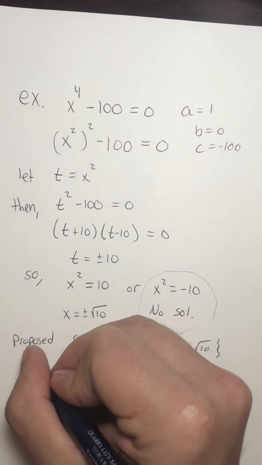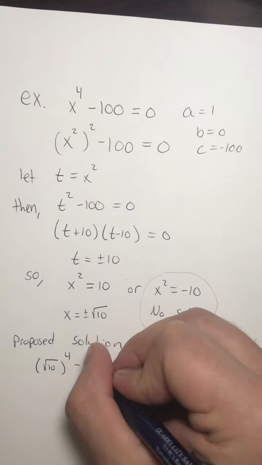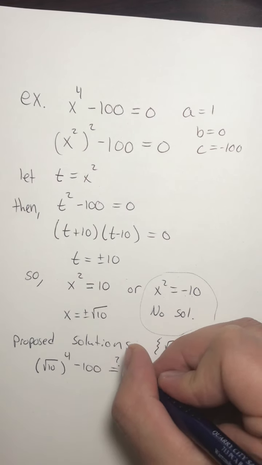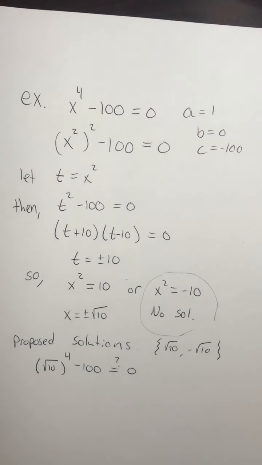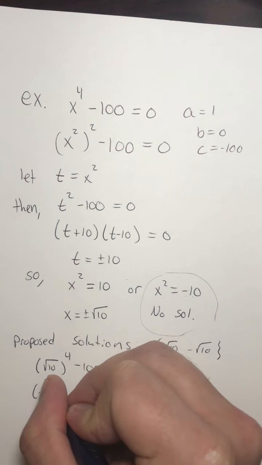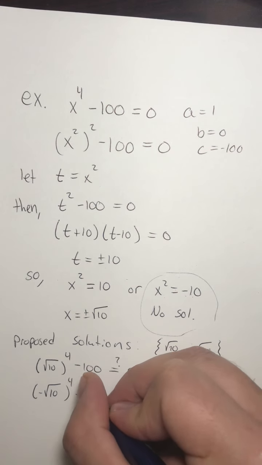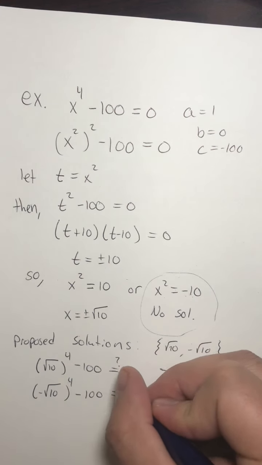Let's go back and check. Root 10 to the 4th power minus 100, does it equal 0? Root 10 squared is 10, and then 10 squared is 100. 100 minus 100 is 0, so that is true. And we're going to end up with the same outcome, a true statement, if negative root 10 to the 4th is substituted for x.